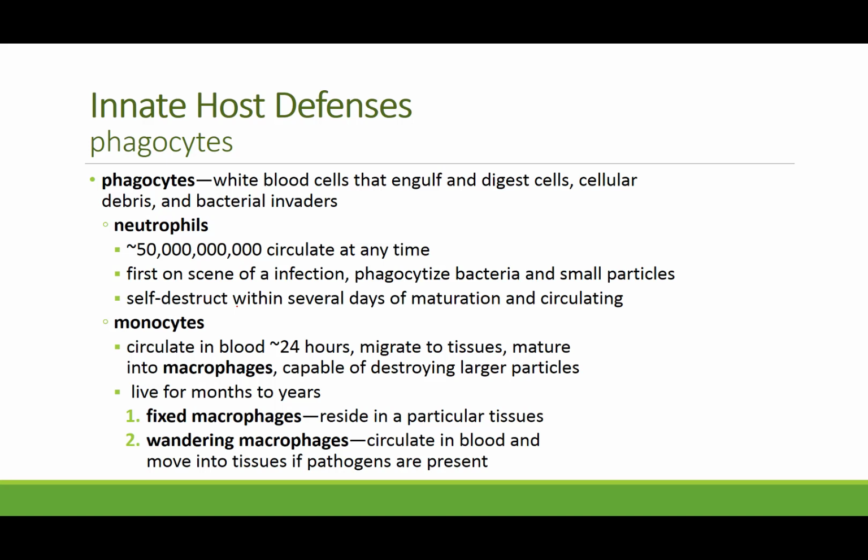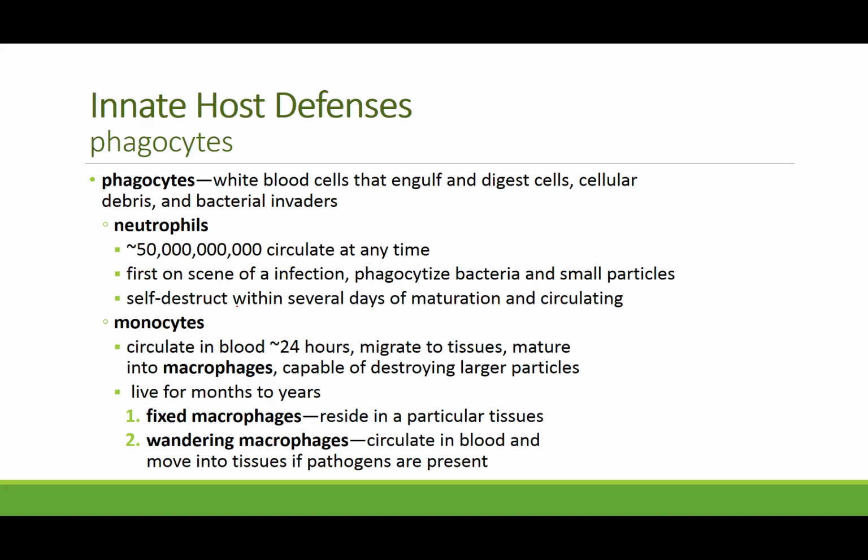And there's something on the order of 50 trillion of these circulating at any one time. They tend to be first on the scene if there's an infection, and they are big on phagocytizing bacteria and small particles, those cell debris and stuff.